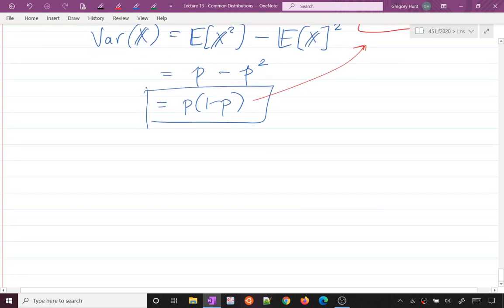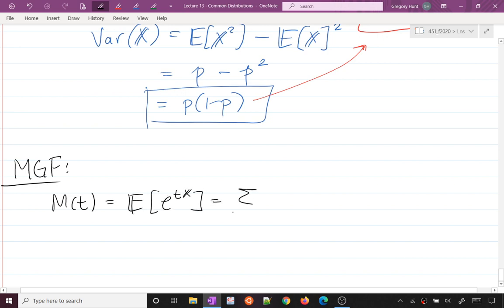And similarly, we could derive the MGF for this thing. You could go and say, what's my MGF? We've kind of already done this, but it's like the binomial derivation, but really simple. So M(t) is the expected value of e to the tX, which is, in this case, just the sum. We only have two values in our support, 0 and 1, of e to the tx times f(x).